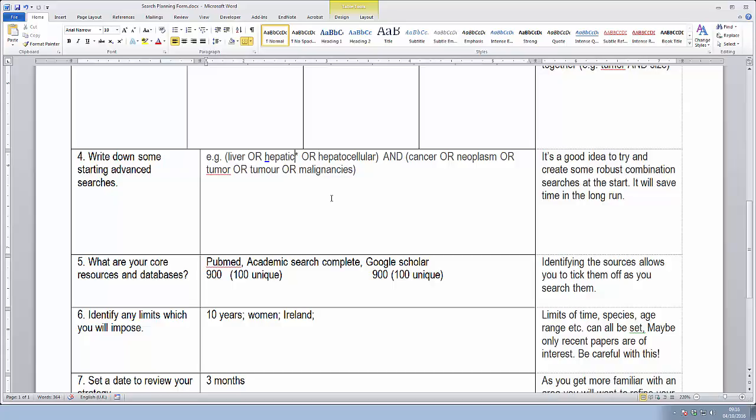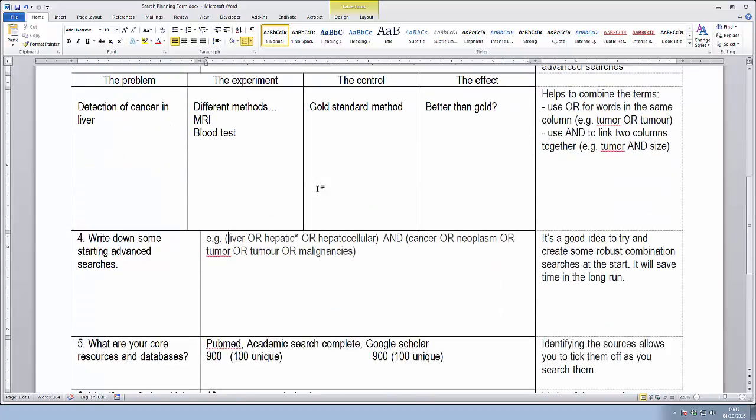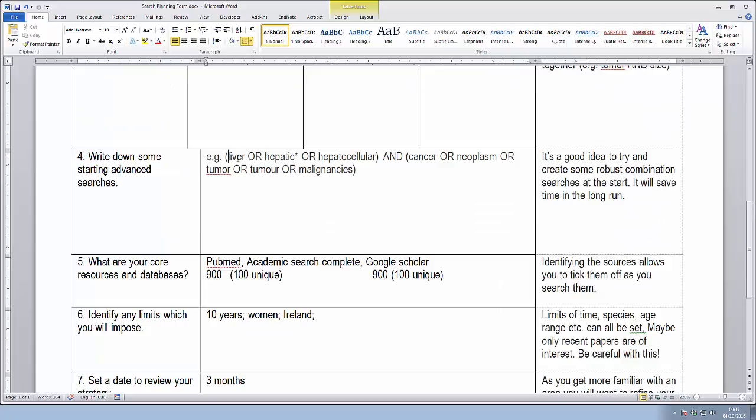So what you do then is you take that idea of liver cancer, and we've taken liver, and we have a variant of hepatic, we have a variant of hepatocellular. Now you'll notice there's an asterisk here in hepatic, and what that means is that it's a wild card. So if I put that into most databases, it will search for anything that starts with hepatic and ends with anything else.